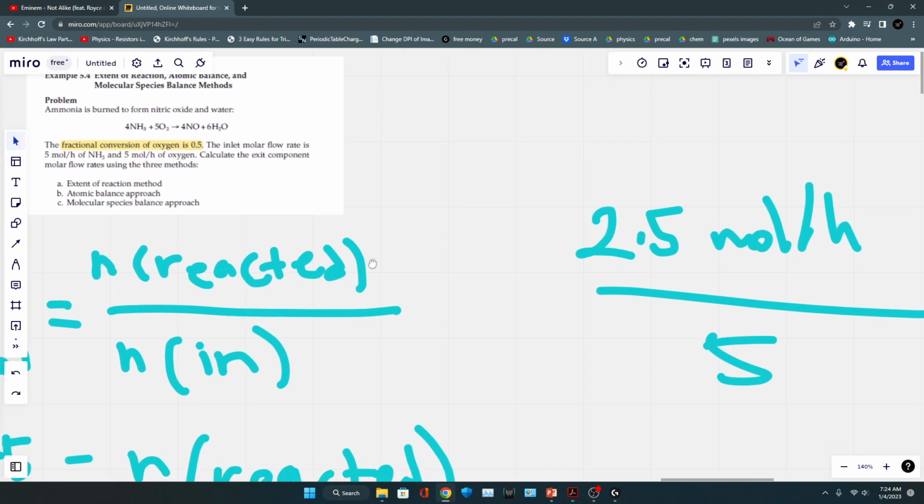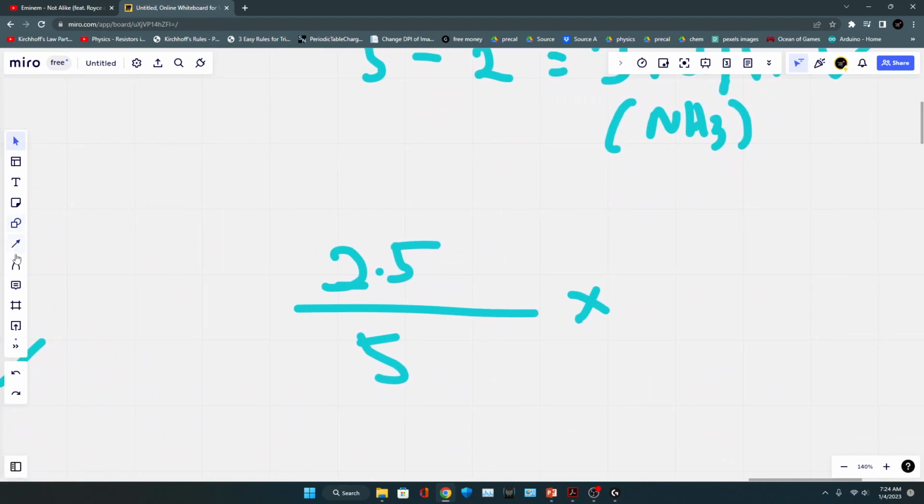So 2.5 divided by 5 multiplied by 4 gives 2. So 2 moles per hour.